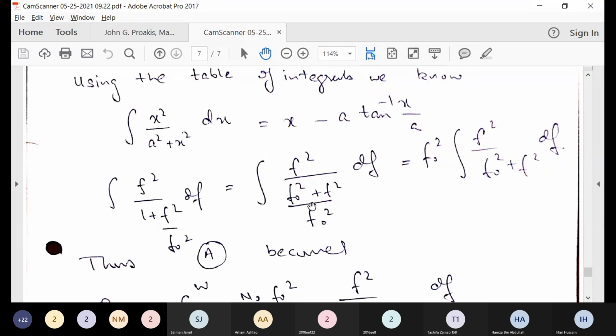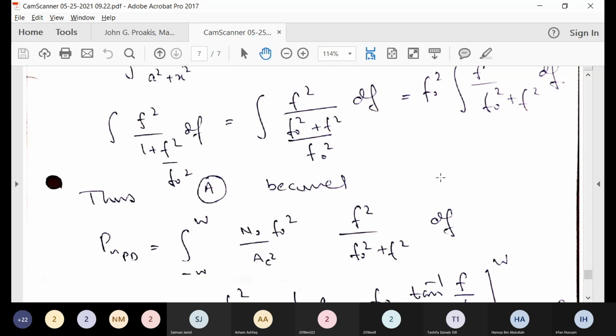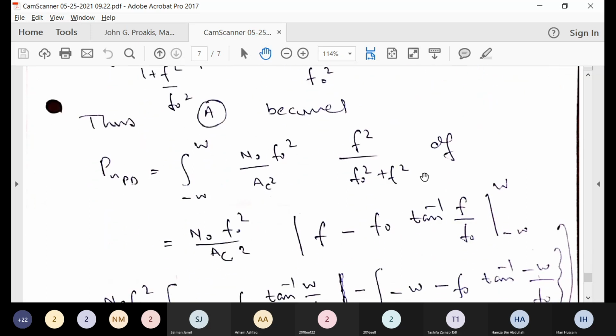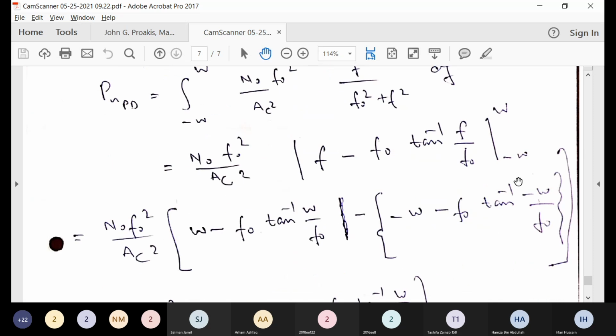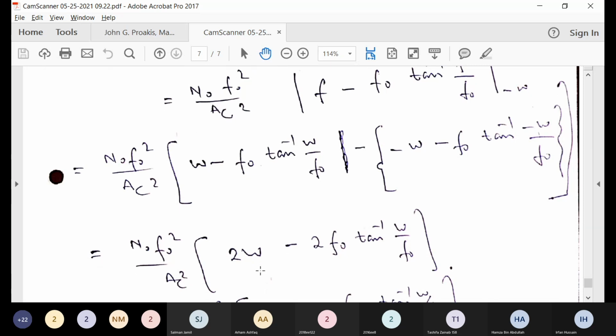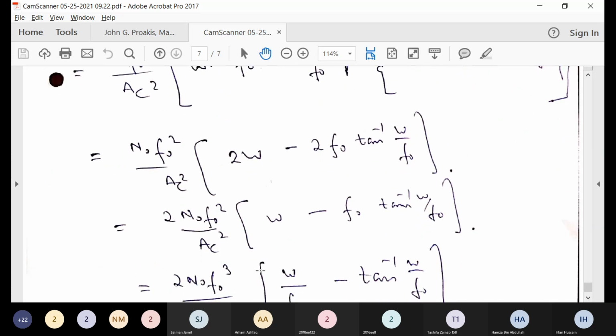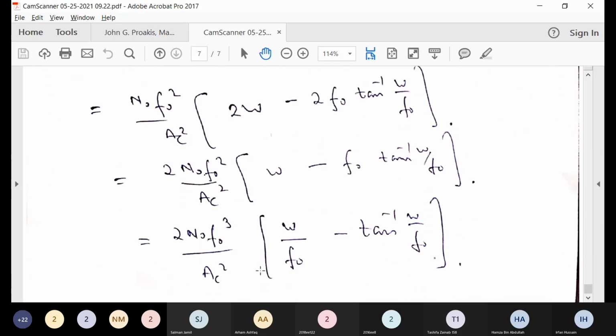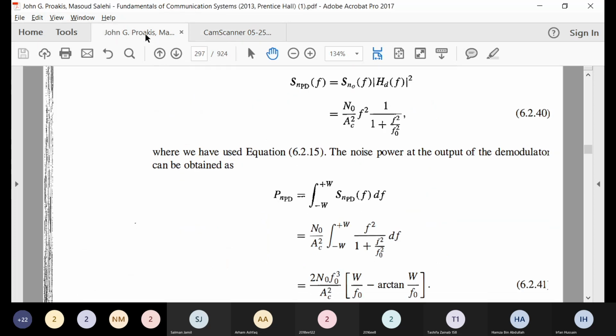So this could be written as follows, and now you can apply the table here. Apply the table, you will get this thing. Apply the limits, and this W will be added. This will also be added, so you will get this as the noise power at the output of the de-emphasis filter.